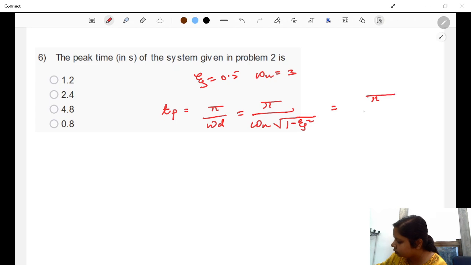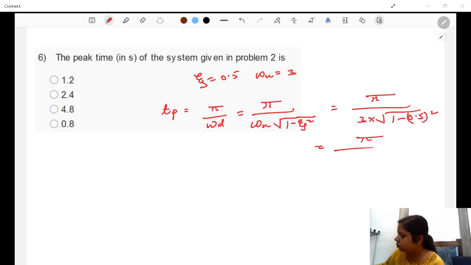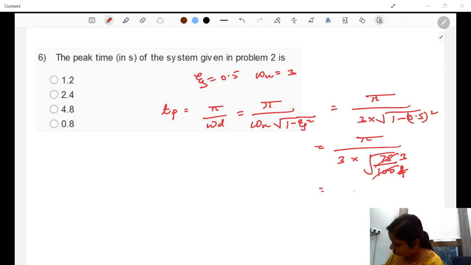That means pi upon 3 into root of 1 minus 0.5 square. 3 into, oh sorry, 2 pi upon 3 root 3. 2 pi upon 3 root 3 is the answer.